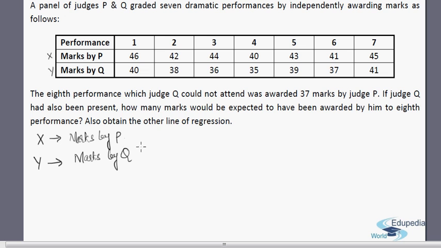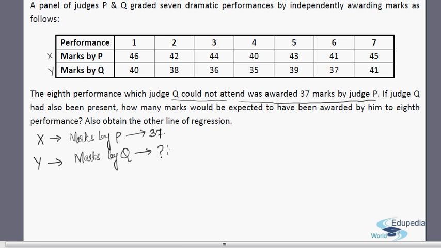by Judge Q. Now further they say that the performance of the 8th performer was not attended by Judge Q, and Judge P awarded 37 marks to that performer. It means that the value of X for the 8th person is 37, and what would be the marks awarded by Q is what we need to find.